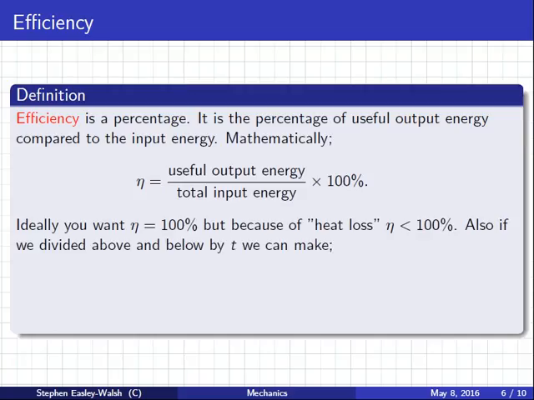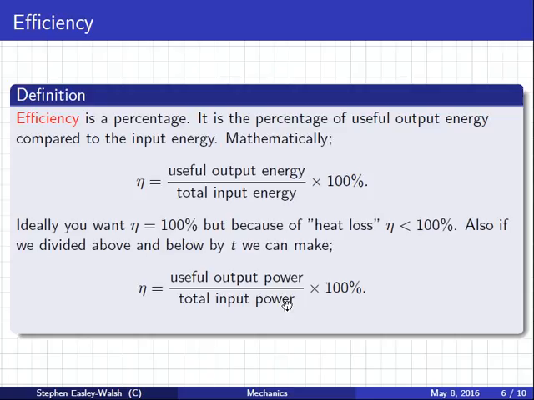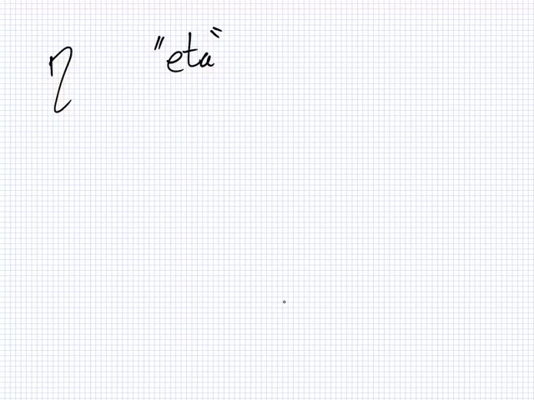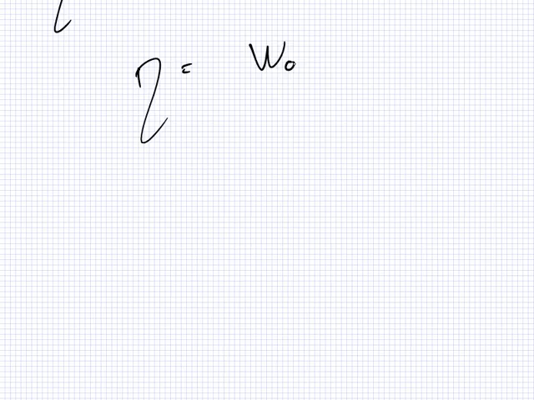Also, if we divide it above and below by T, we can make this formula, which is the same: useful output power over total input power. So you can use energy or you can use power. You get the same answer. Because if you think about it, eta equals work out over work in times 100.